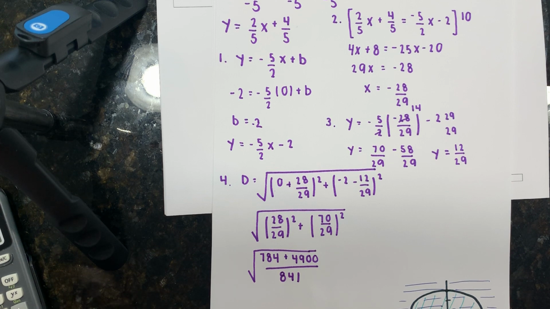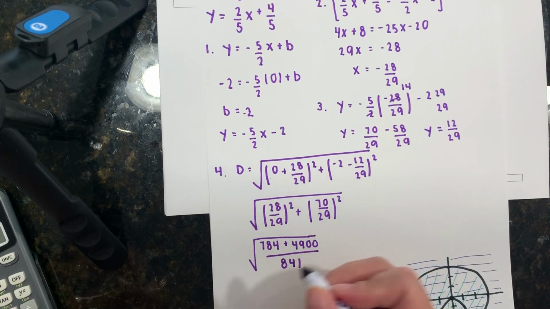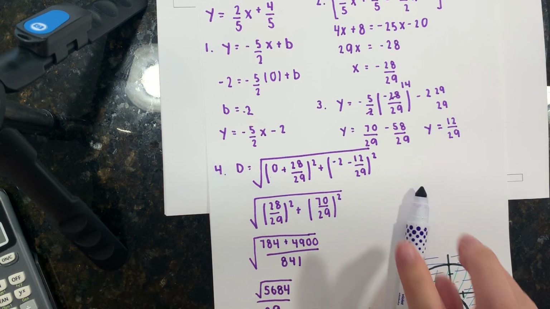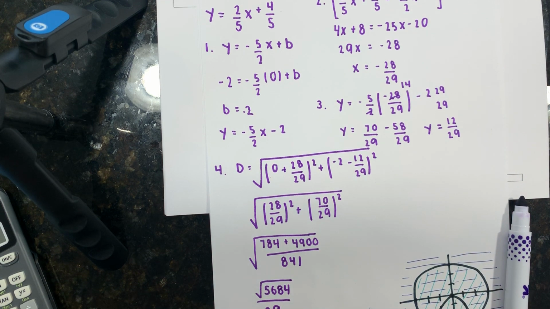So 4,900 plus 784 is 5,684, which does not come out evenly. So I kind of don't think my answer is right for 29. Let me just check this quick. Check our answer key. So it's 71.